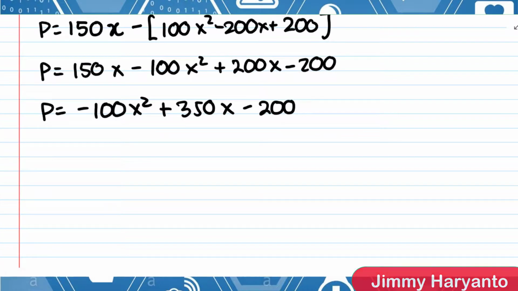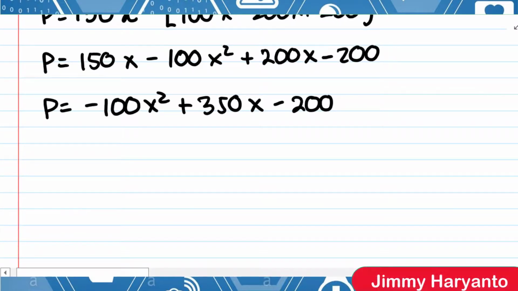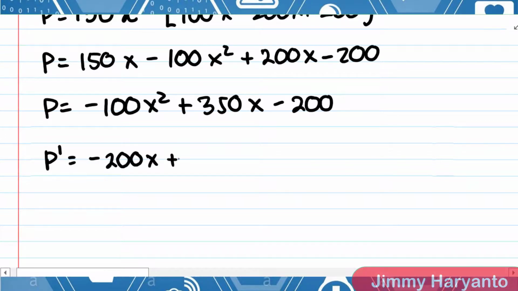So for P equals negative 100x square plus 350x minus 200, you can find P accent first. For P accent, you will have negative 200x plus 350 only. And then next is to find the stationary points. You already know that you have to make the first differentiation equal to 0.